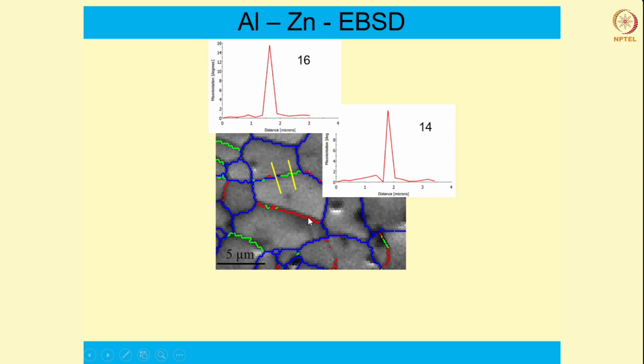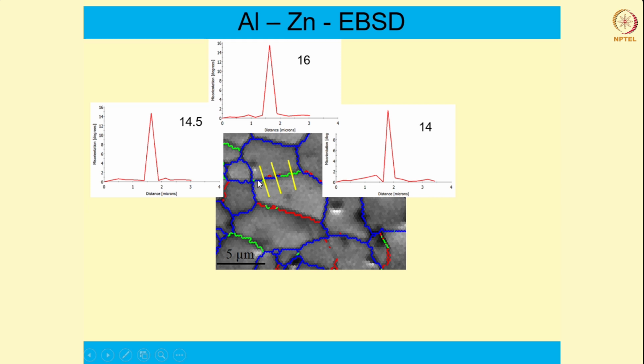Now let us see the other boundaries, the other colors. Here one more, that is again a mix. So you still have a little bit of green over here, and that is why it is still within the range of low angle boundary, less than 15, but very close to 15 because the blue has already come into it.